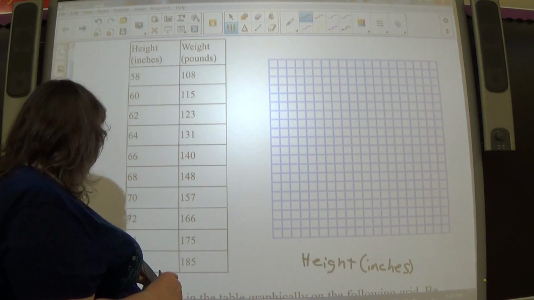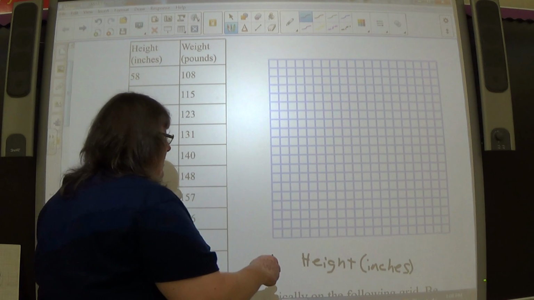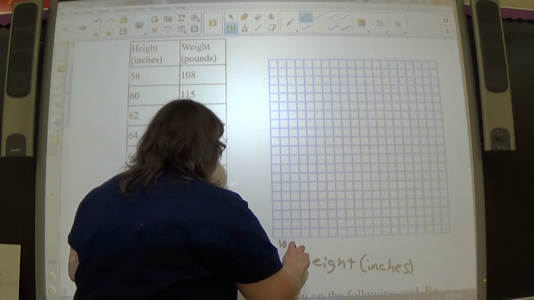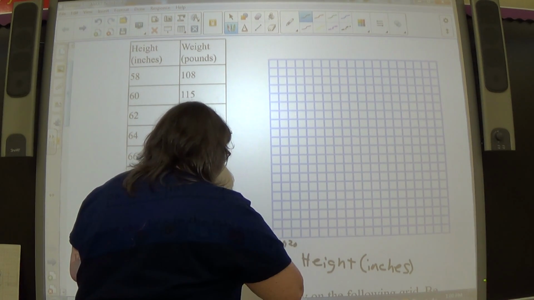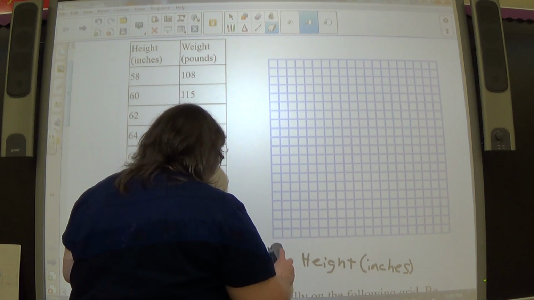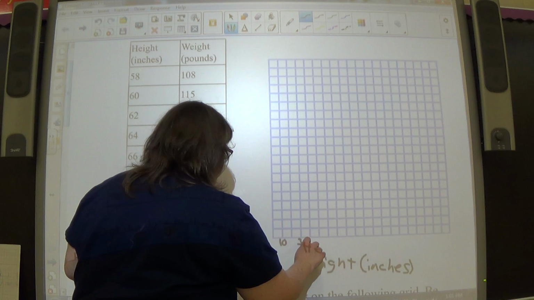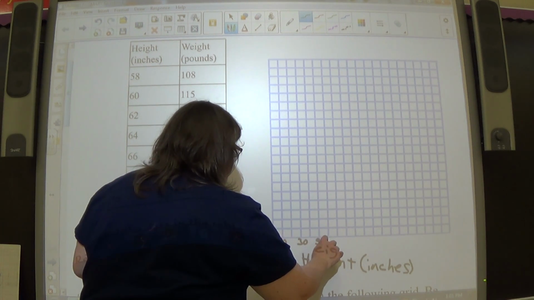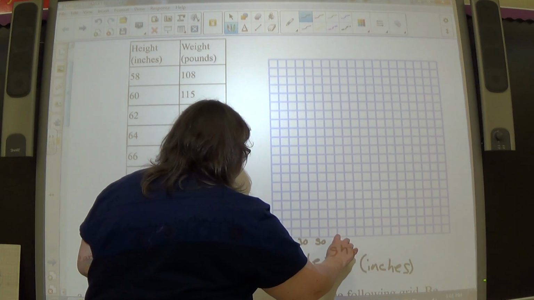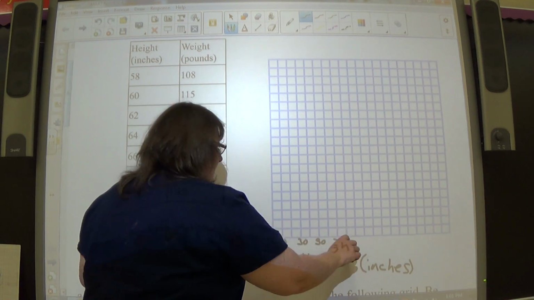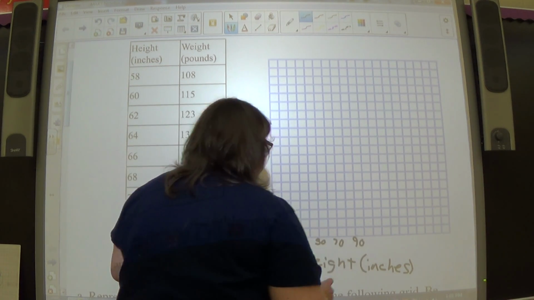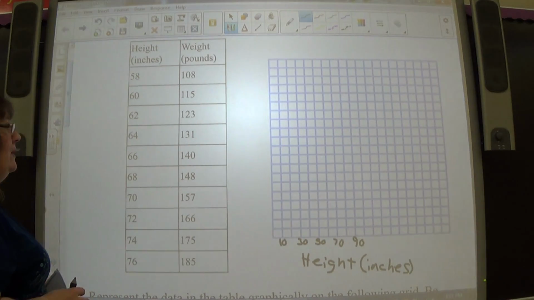So, if I go up by tens, for instance, 10, 20, well, remember my writing is kind of big, so I'm going to skip. So 10, skip 1, 30, skip 1, 50, skip 1, 70, skip 1, 90, okay? That should take care of that one.